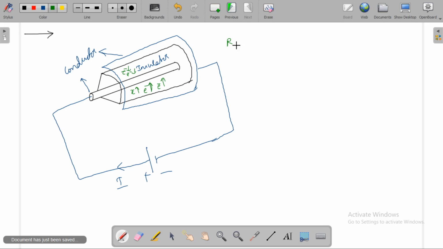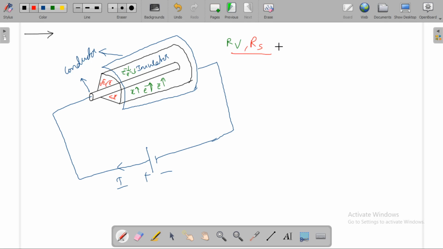Then you are going to have volume resistance. Some more electrons are flowing through the surface. Let these electrons which are flowing through the surface, that is, you are going to have surface resistance also.